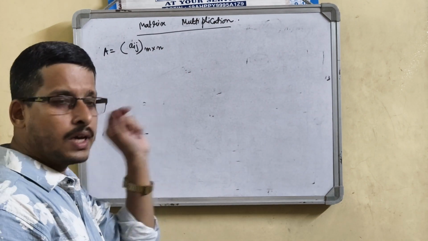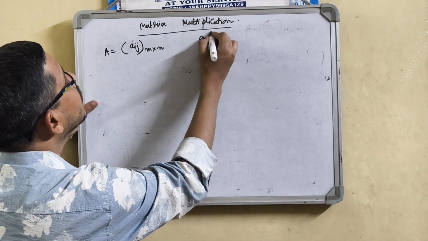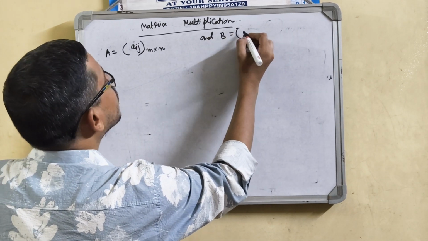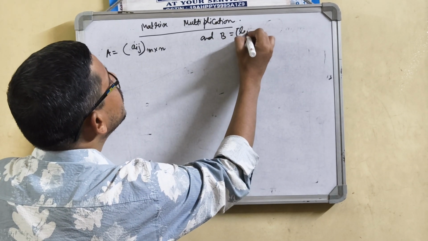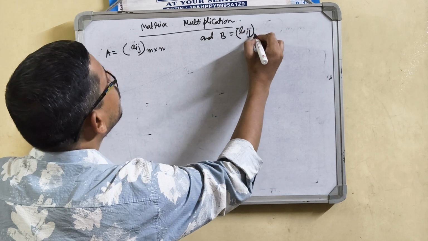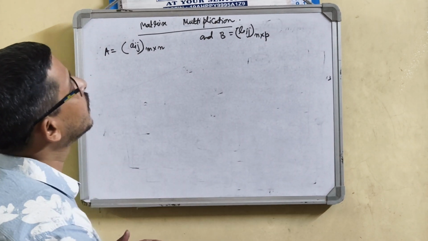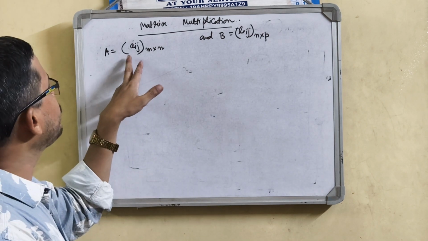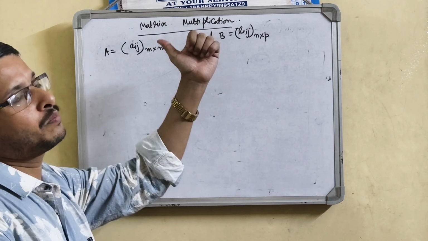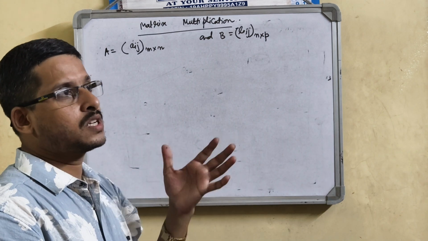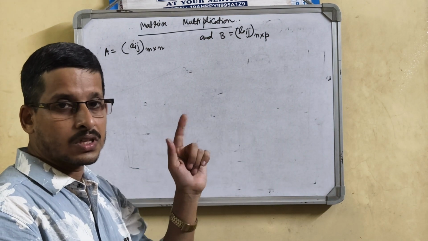and B is another matrix, Bij, of order n by p. Here we may use the first bracket, and previously when I gave the general representation of a matrix, I used the third bracket.